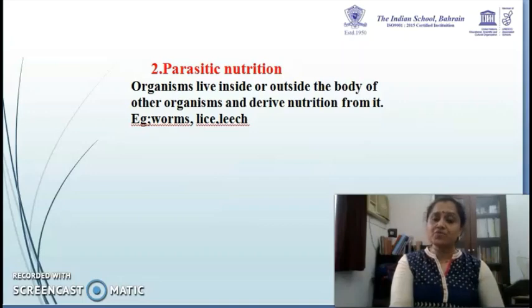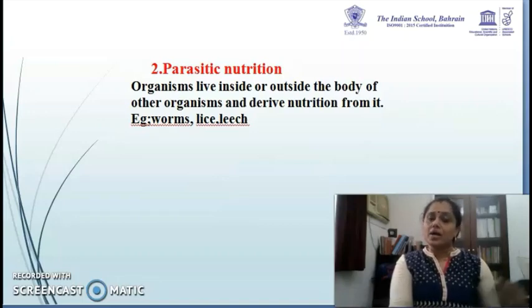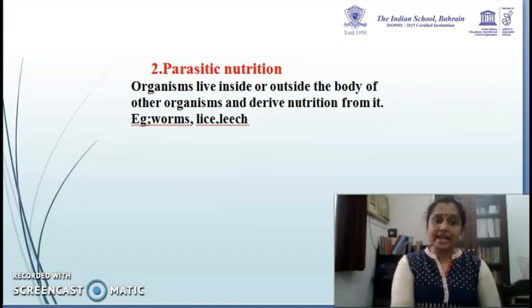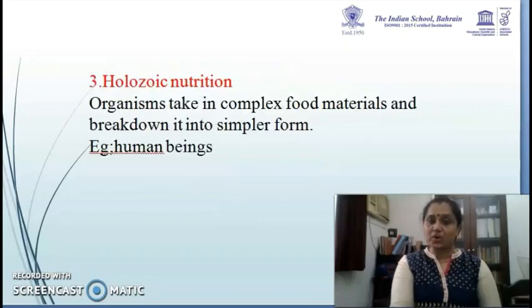And when we move to the higher forms of animals, how do these higher forms of animals get their nutrition? According to their food preference, animals like jackal, lion, tiger and so on are all flesh-eating animals. Hence they are called carnivores.